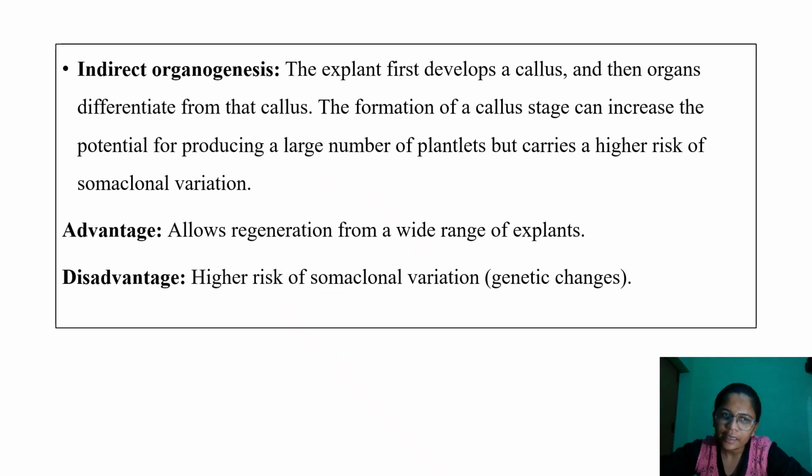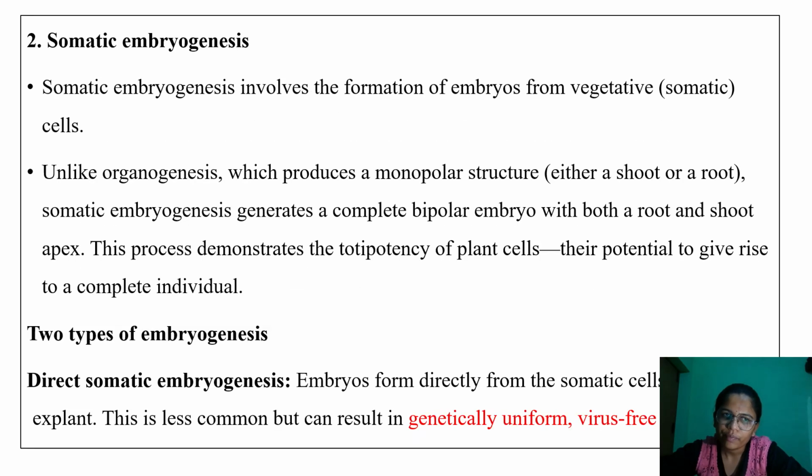In indirect organogenesis, the explant first develops callus. After callus formation, the organs start to produce, like root and shoot. Here regeneration can be done from different explant parts, but the genetic variation, or somaclonal variation, will be more.